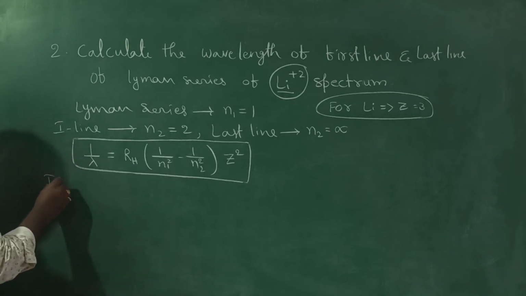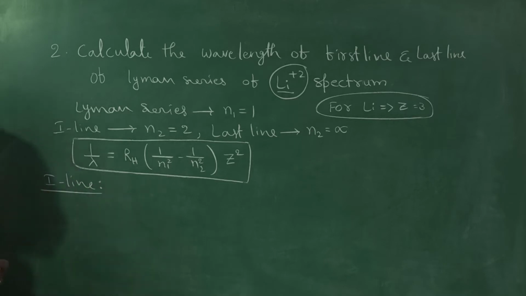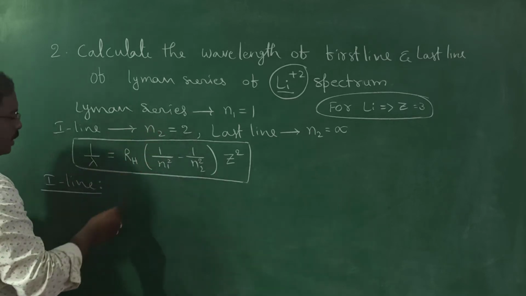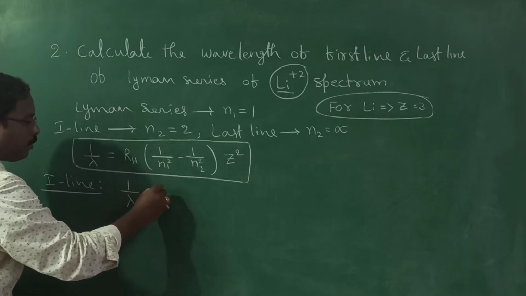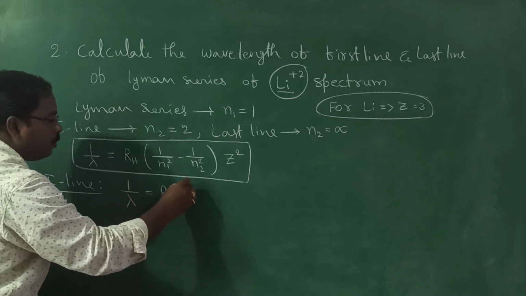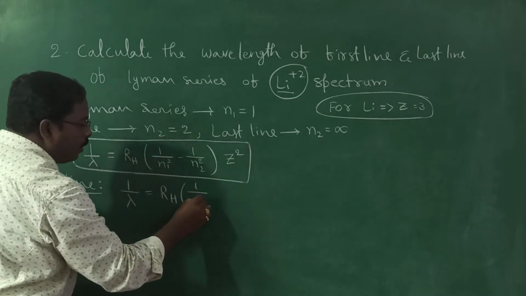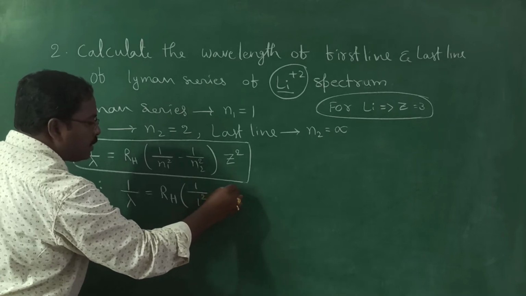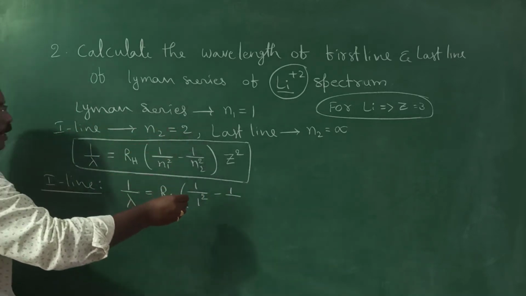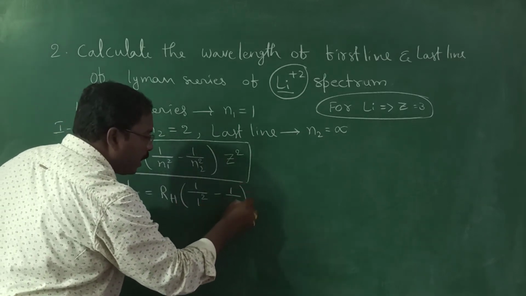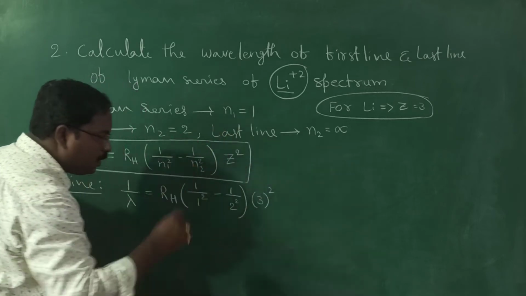Now substitute. First we will do the calculation for the first line. Let us substitute the values. 1 by lambda is equal to RH into 1 by 1 square minus 1 by, for the first line case, N2 value is 2, so 2 square, into the atomic number of lithium, 3 square.